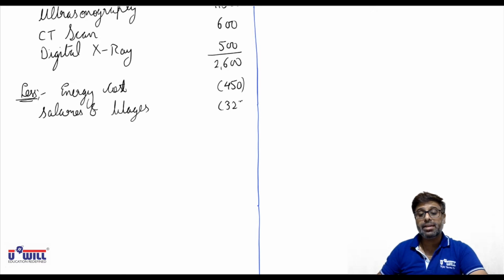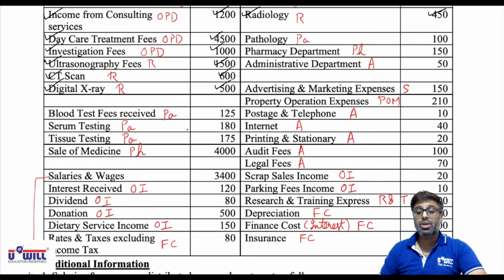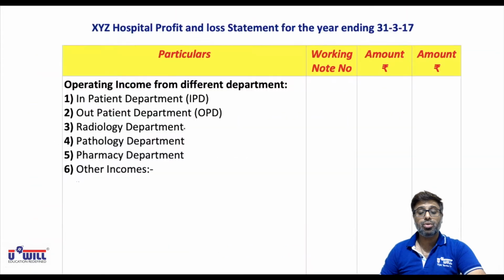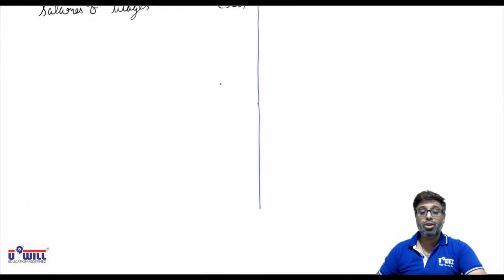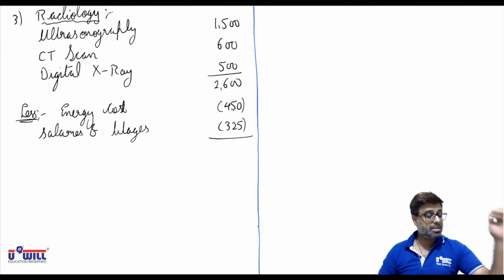Do we have any other item marked as R? No. So what is the net income of radiology department? 2600 minus 450 minus 325.